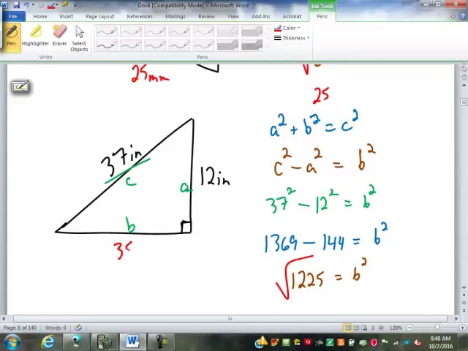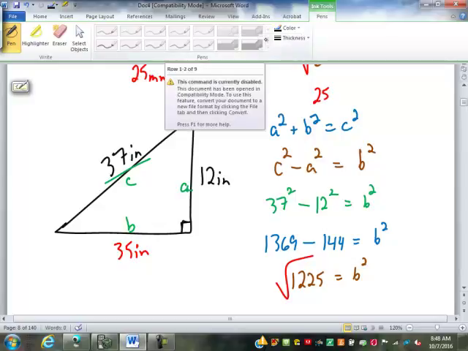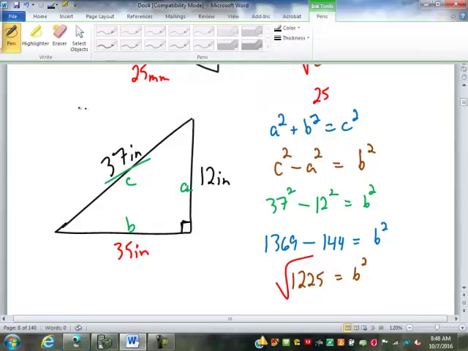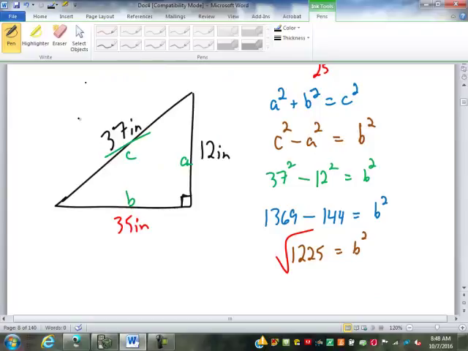This is 35 inches. Make sense? Any questions? So now since I have the hypotenuse and one of the short sides, and I'm missing the other leg, it's going to be the hypotenuse squared minus the leg squared, which gives me the other leg squared. So you just plug in the numbers and go from there.